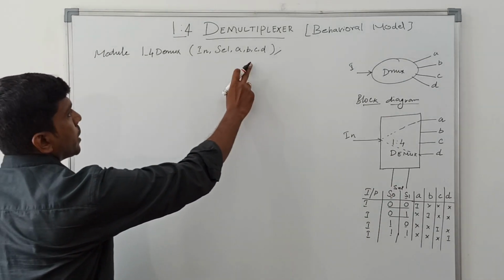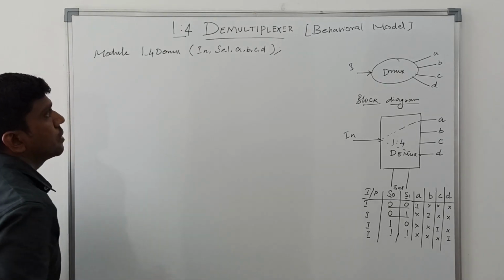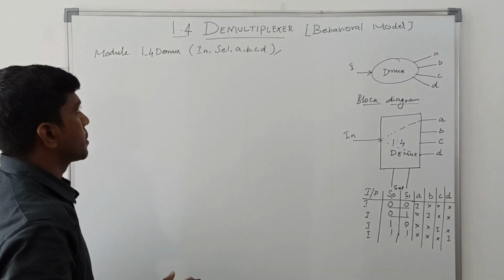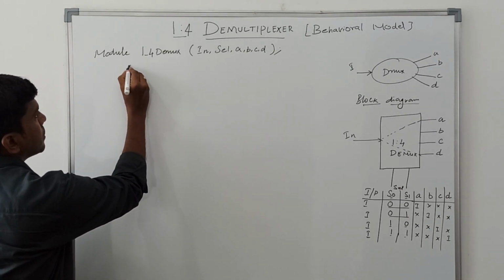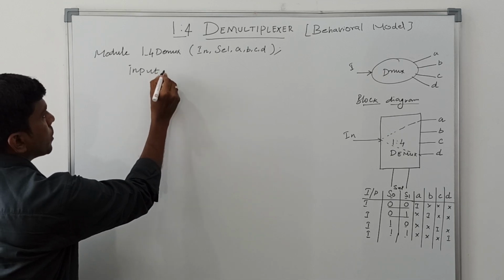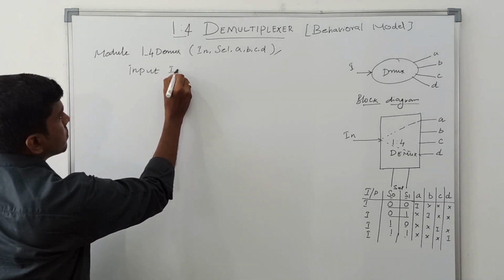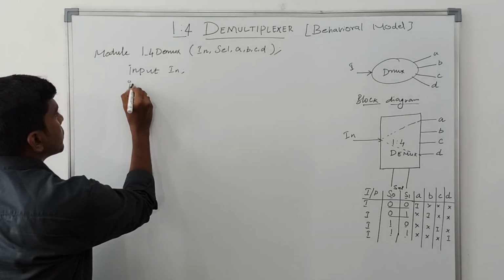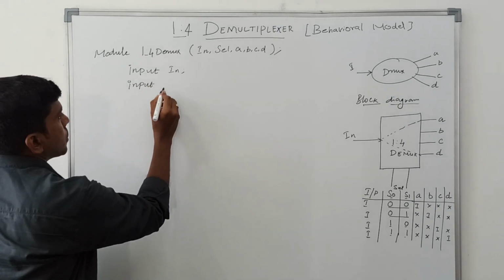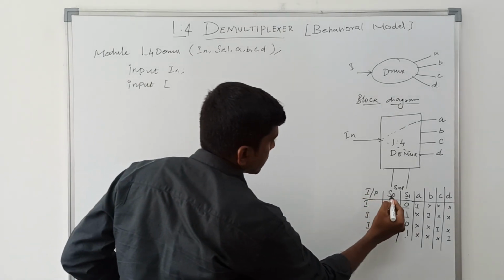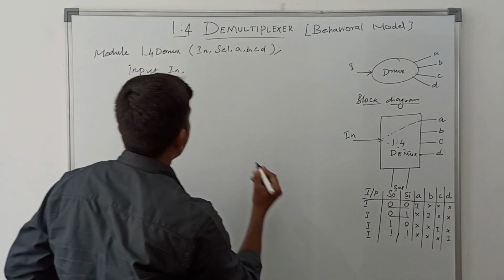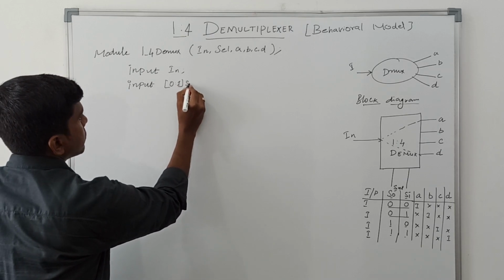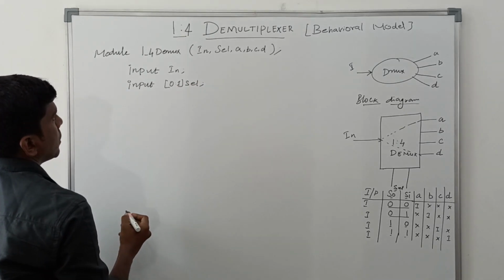Then among these variables you declare which act as input variables and which act as output variables. First I declare the input port: input in, so in is the input line. The next input is the selection line, which is two variables S0 and S1, so I declare it in vector format as selection.